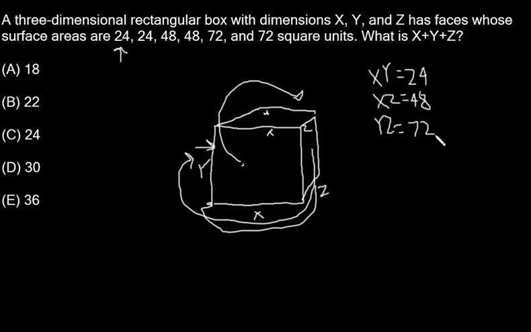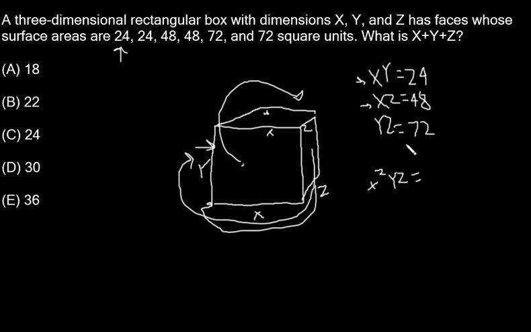You might ask, what do we do from here, because we're trying to find x, y, and z. Well, let's try multiplying xz and xy. We get x squared times yz is equal to 24 times 48.